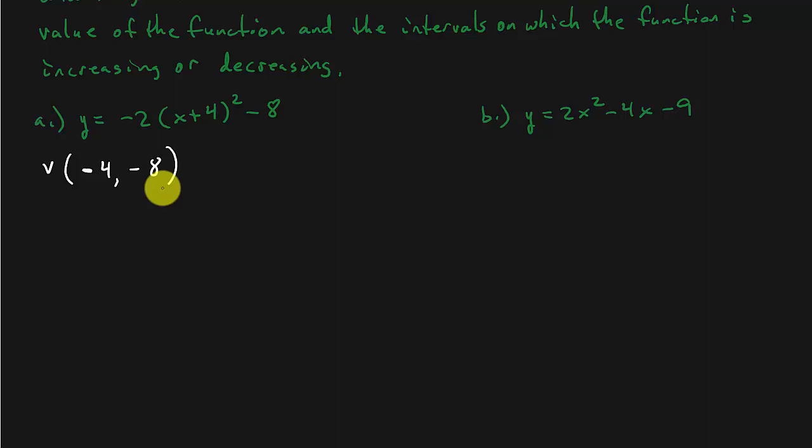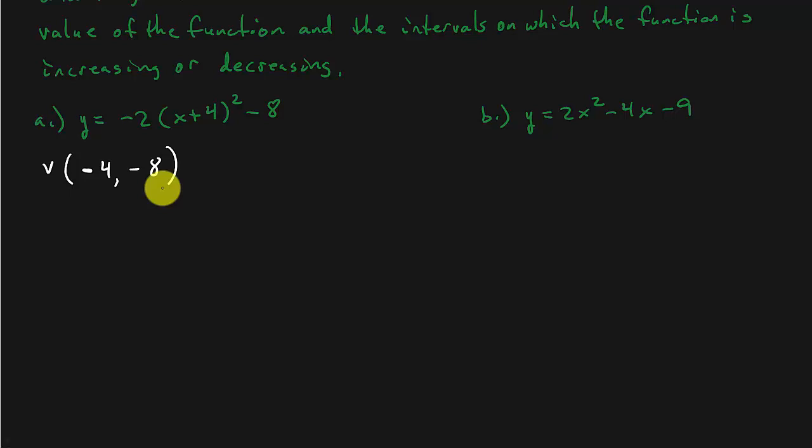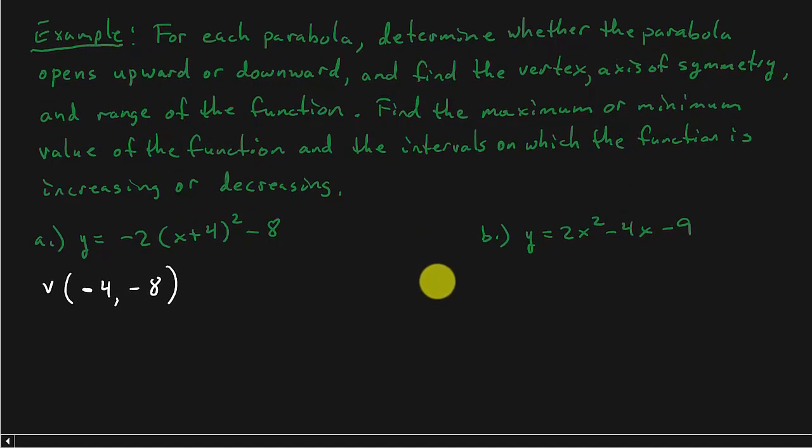Okay, we don't need any detail to answer these questions on the graph. Really, all we need to know is does it open up or down? All right, so let's see what else we've got to find first. All right, so first, I guess before we write the vertex down, kind of got ahead of myself a little bit. Determine whether it opens upward or downward.